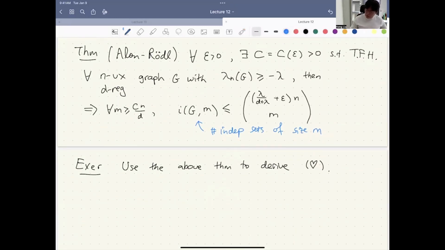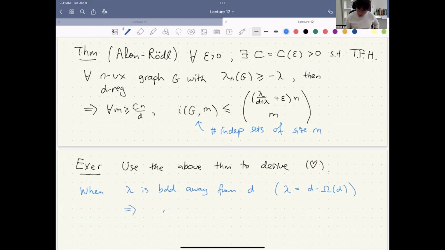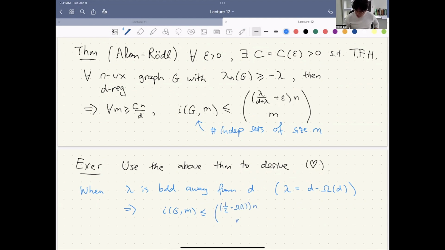So let me write it down. When λ is bounded away from d, so for example, d minus some delta d, let me just write this Ω(d), then we get I(G, m) is less than (1/2 minus some constant) times n, choose m.